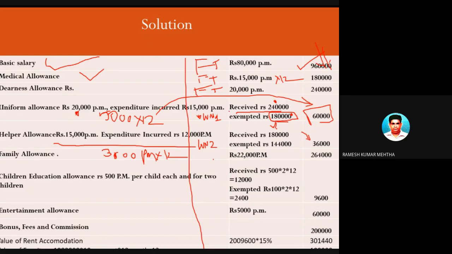Otherwise you can calculate like this: received 1,80,000, spent 1,44,000, and the difference is 36,000, which is the saving or excess over 1,44,000 which is exempted.